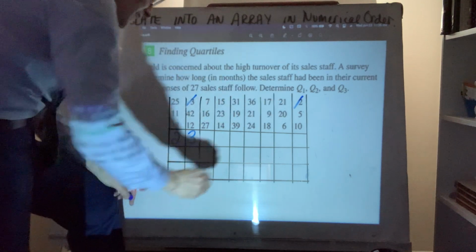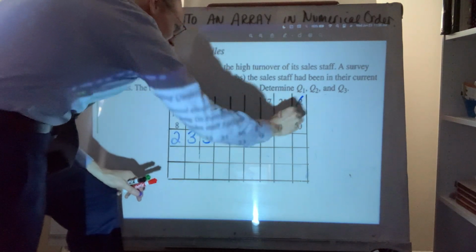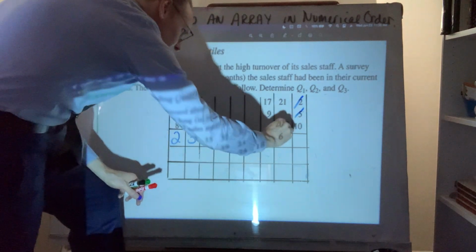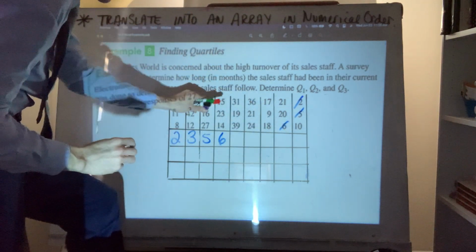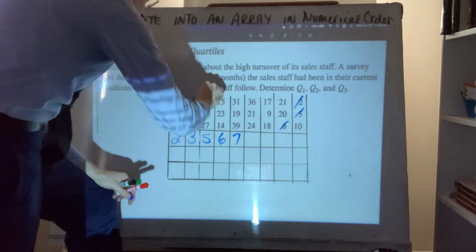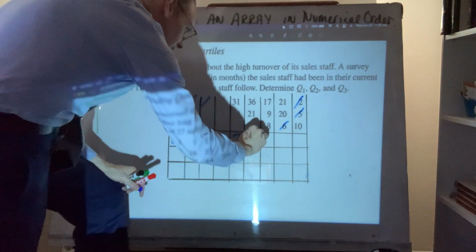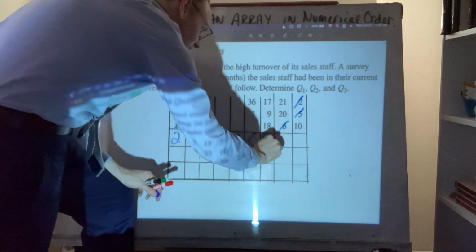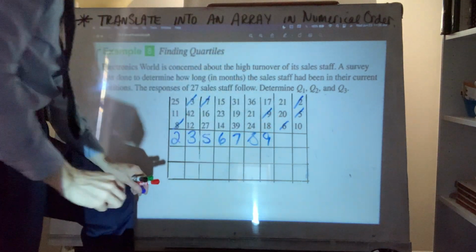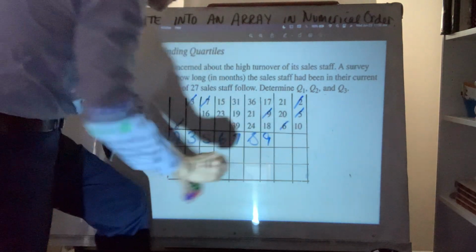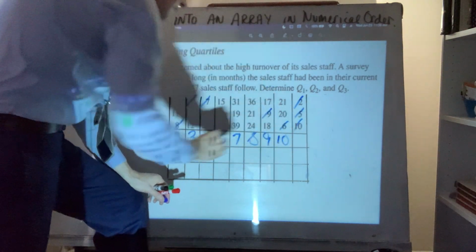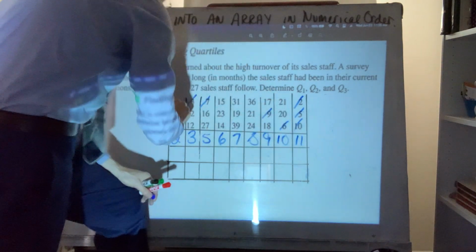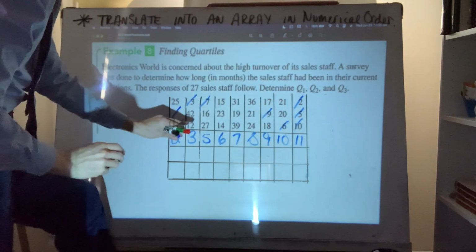Proceeding along, looks like 5 months is next, and 6 months, and then 7, and then 8, and then 9, and then 10, and 11, 12.